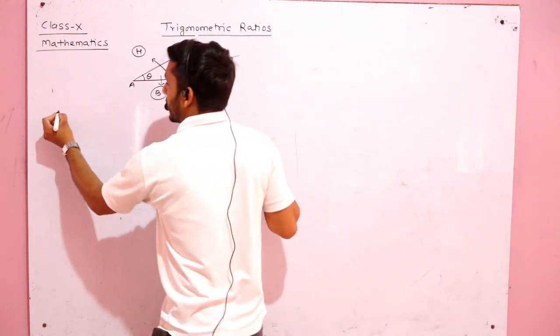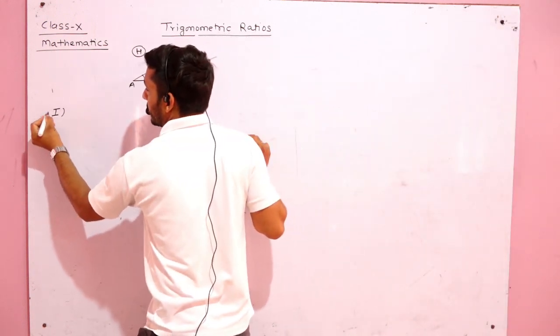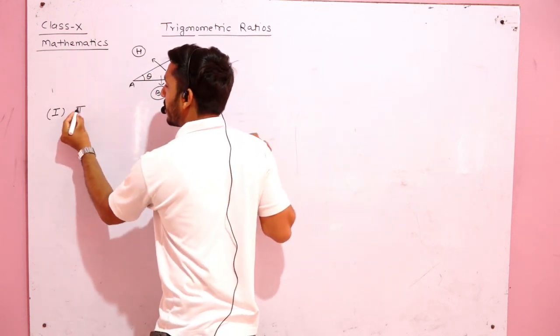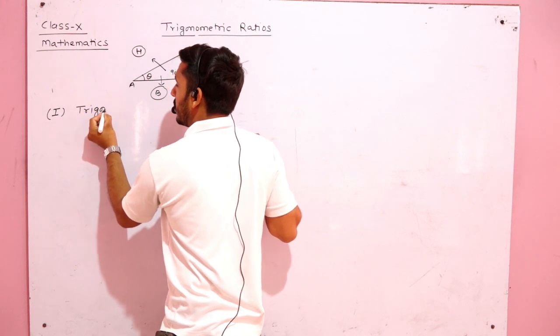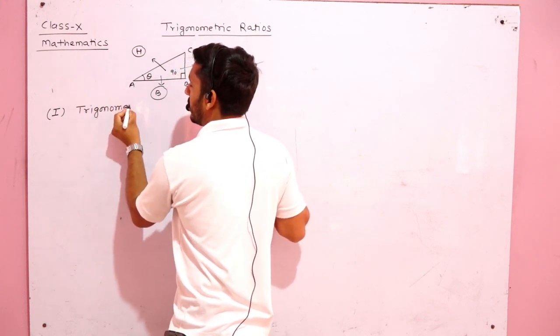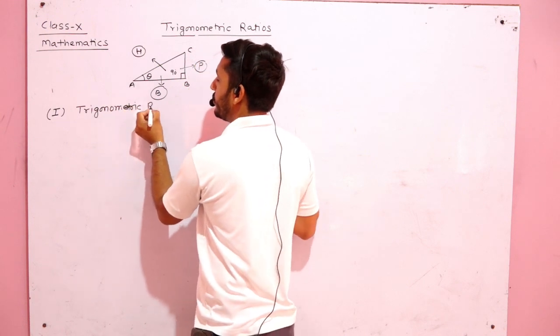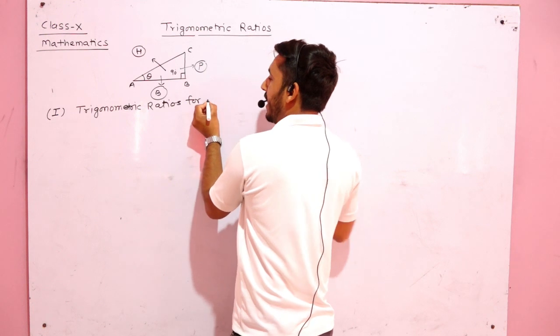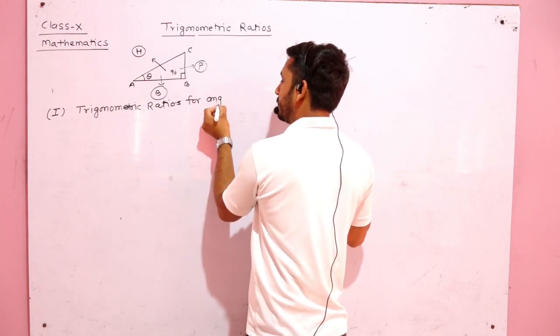Okay, the first condition is taken for 0 degree angle. Trigonometric ratios for angle 0 degree.